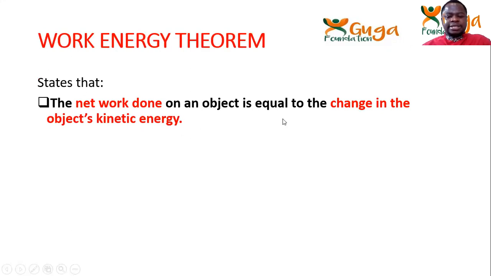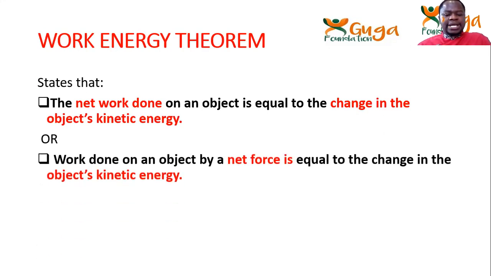Change is delta, so it means the change in kinetic energy is the final kinetic energy minus the initial kinetic energy. We've already talked about kinetic energy, that EK is equal to 1/2 mv squared.